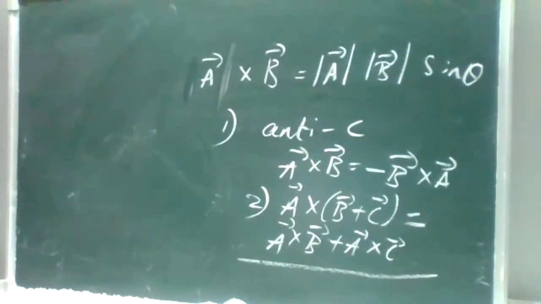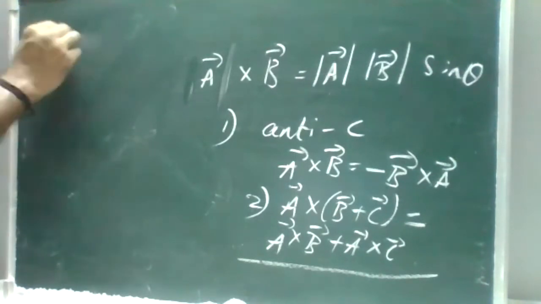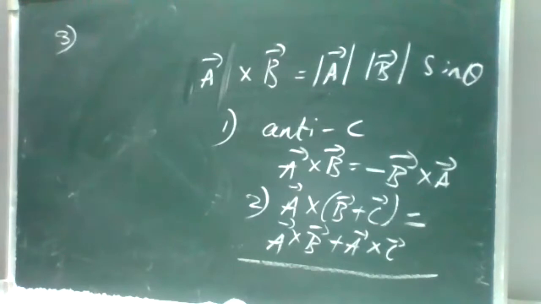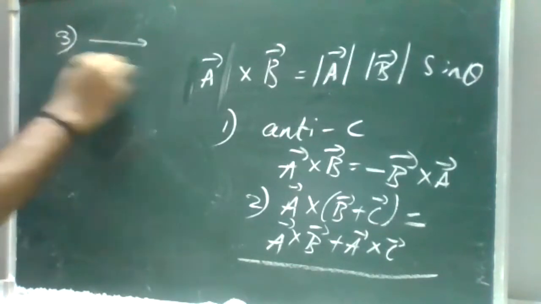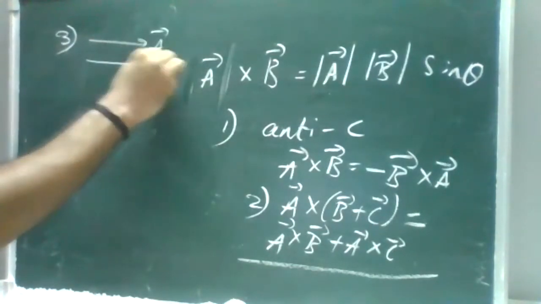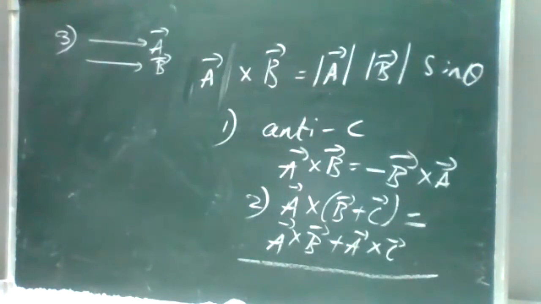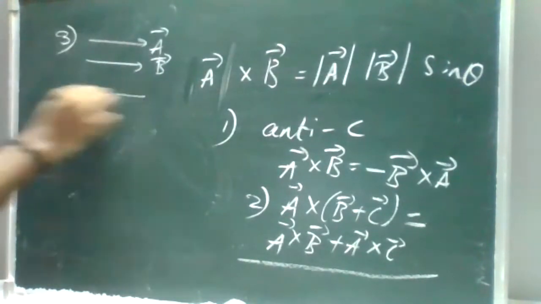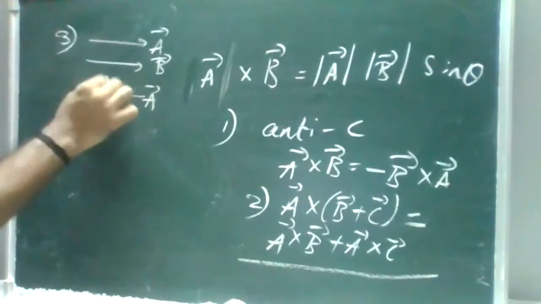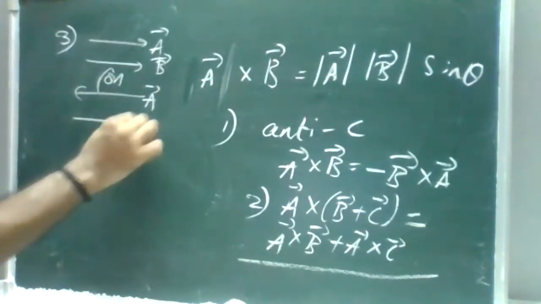Third point: vector product of two parallel or anti-parallel vectors. That means assume there are two vectors, A vector and B vector, both in the same direction, parallel or anti-parallel to each other.